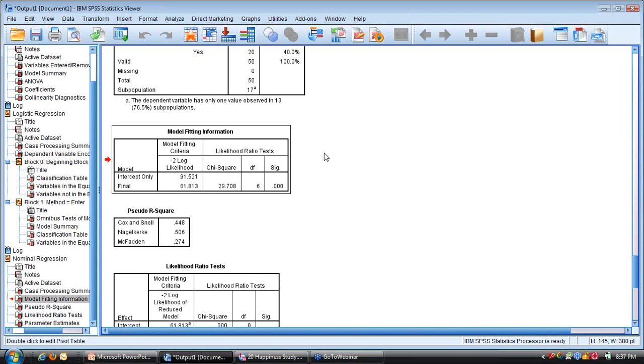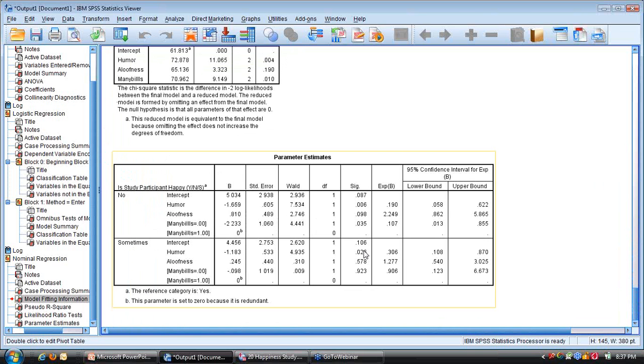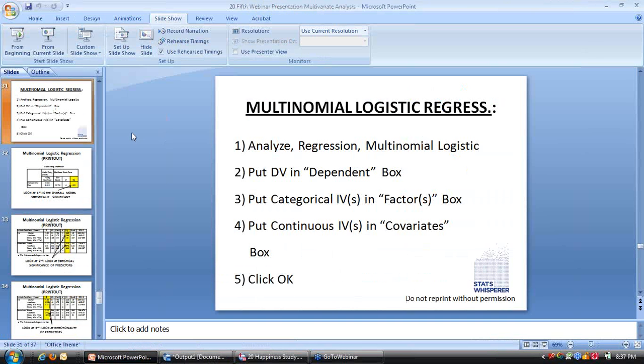You can see on the far right, significance 0.000, so it's a significant model. Then we want to look again at the last box, the parameter estimates. Those are the individual independent variables predicting happy, yes, no, or somewhat. So the 2 boxes, let's look at them a little blown up on the slides.